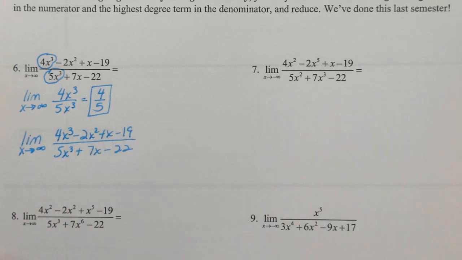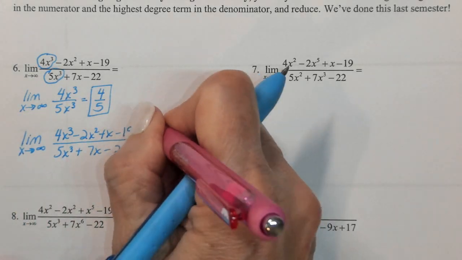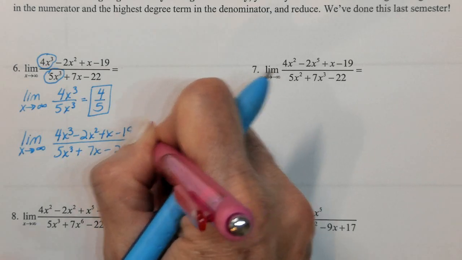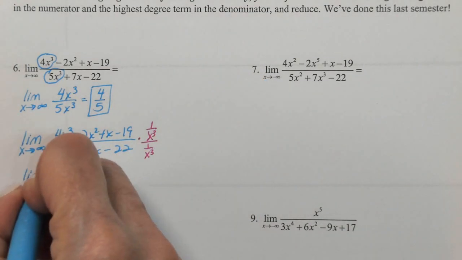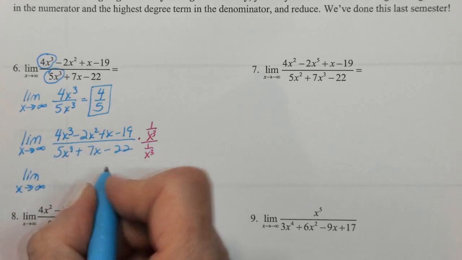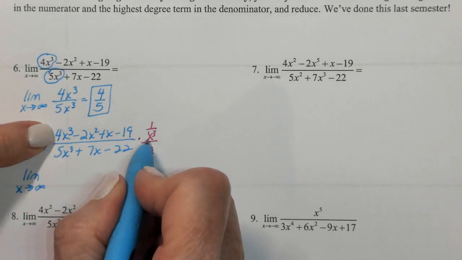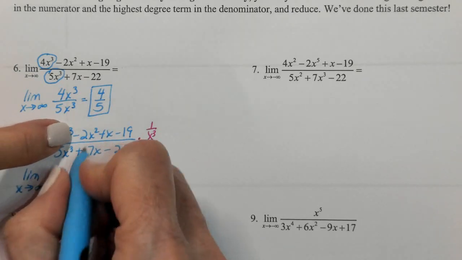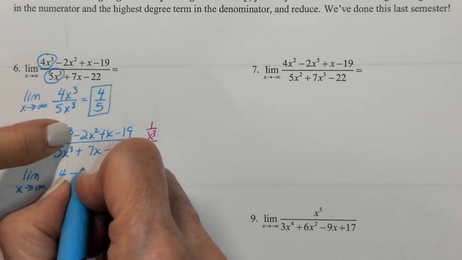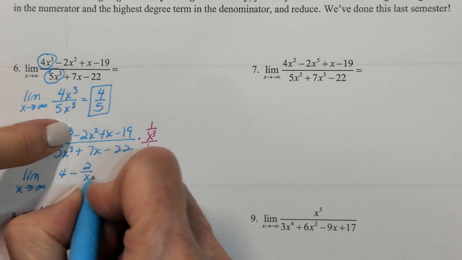I'm going to multiply here top and bottom by 1 over x cubed. 4x cubed times 1 over x cubed is 4. 2x squared over x cubed is negative 2 over x.